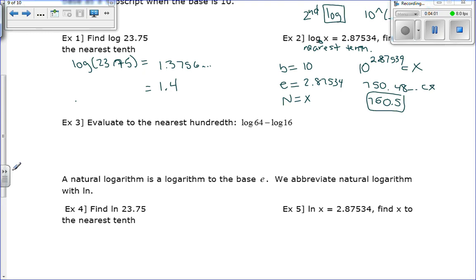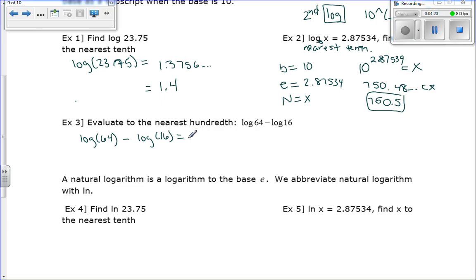Evaluate to the nearest hundredth. This we just simply type into the calculator. I hit the log button, and parentheses will come up, and I type 64. Close my parentheses. You have to make sure you close your parentheses. Minus, hit the log button, parentheses, 16.